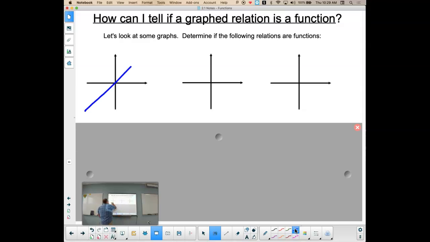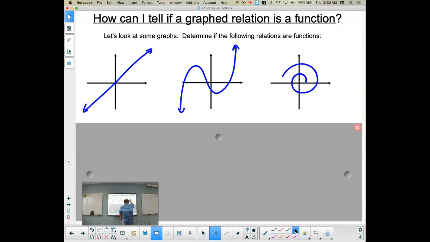So if I have like this, or if I have something funky like this, my Algebra 2 teacher would be mad if I didn't put arrows on the end. Or if I have something like this. Okay? All of those are relations.